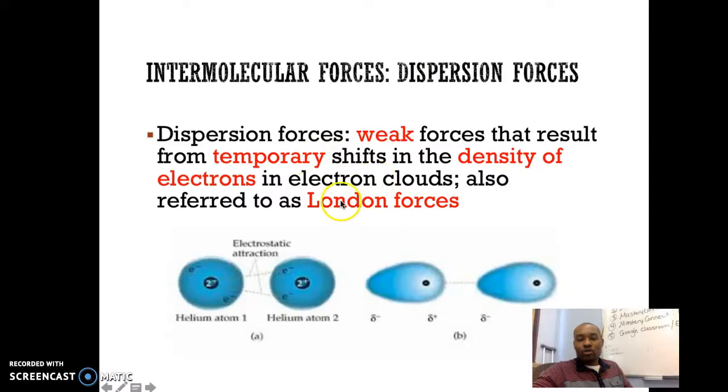Sometimes they are also referred to as London forces. So these are basically very weak forces between two substances, in this example, between two helium atoms. There's also going to be some weak forces of attraction between those two atoms there.